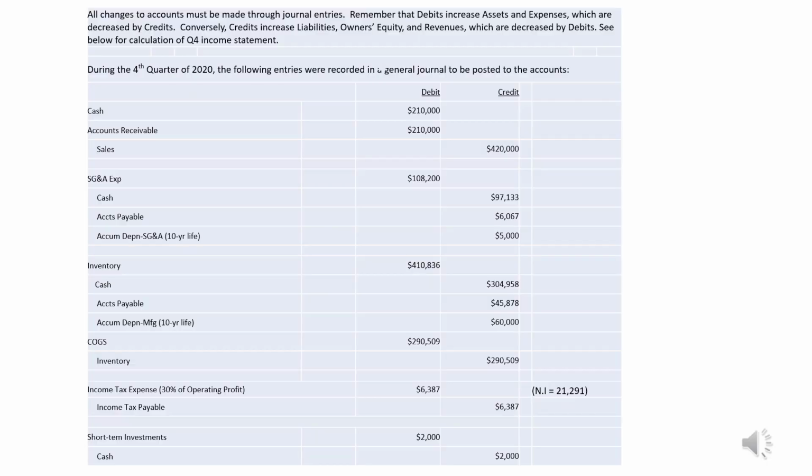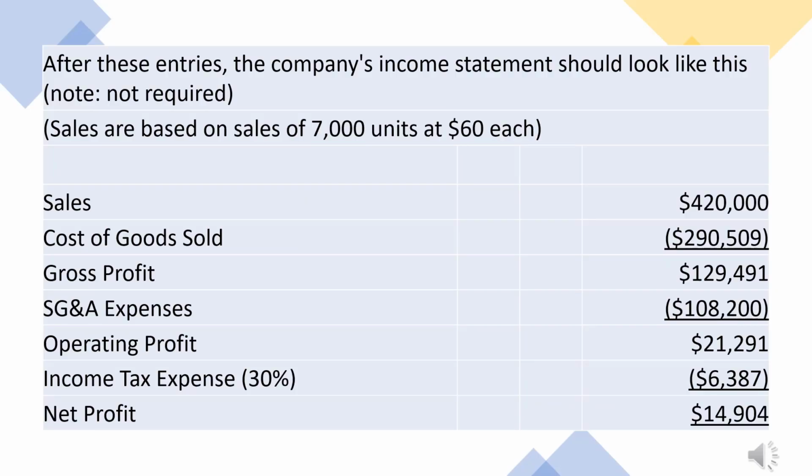During the fourth quarter, I sold 7,000 units at $60 each. That equaled sales of $420,000. Now remember, I've only collected half of that, but that's okay. We're not looking at the cash flows right now. We're just looking at the sales, the accrual accounting.